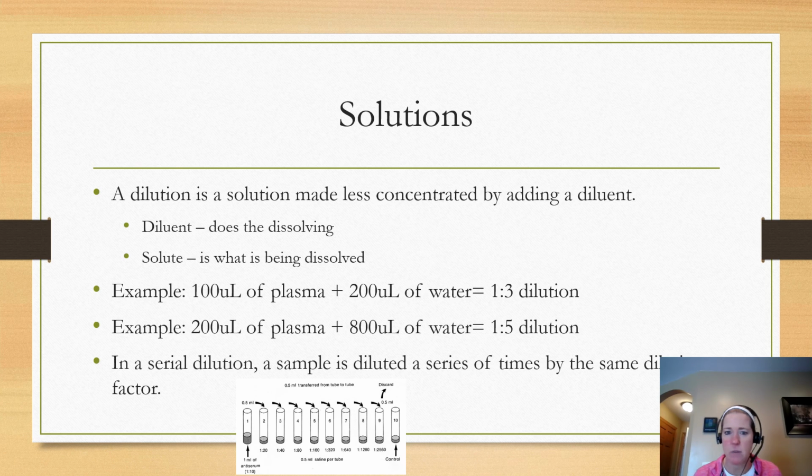And you might be saying, well, why is it 1:5? Well, we do have to make the 1 be on the top. So if your total volume is 1,000, it would be a 1:5. A serial dilution, just kind of know the definition. A sample is diluted a series of times by a factor. You guys will be doing a lot more of these in clinical chemistry.